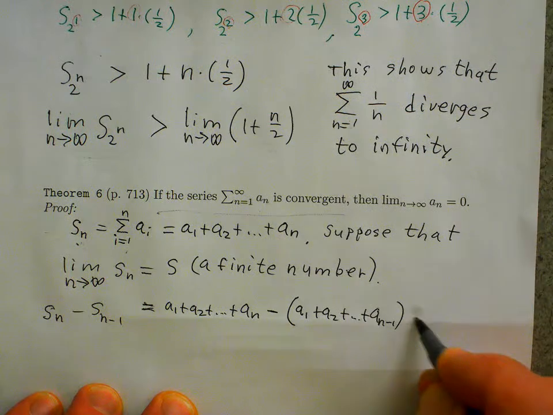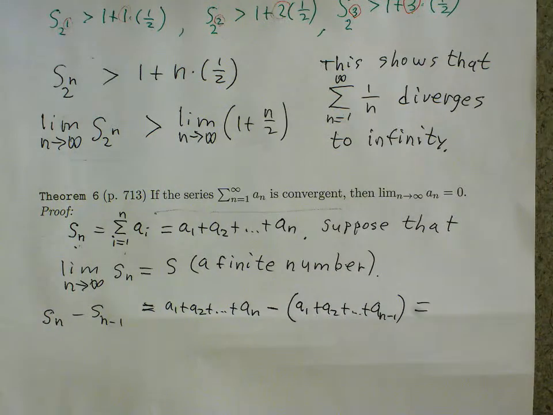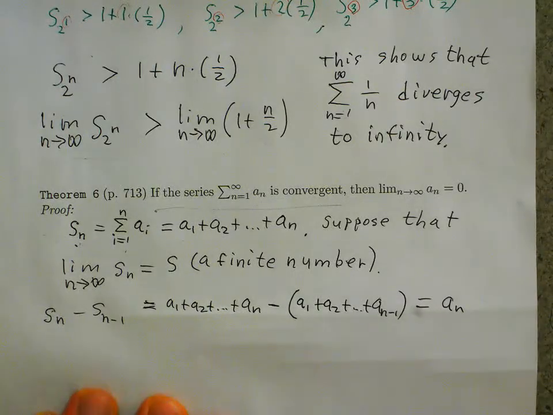We're going to be left with a sub n. In the S sub n, the term before a sub n, maybe I should have written that in there, is a sub n minus 1. So when we do the subtraction, the only term that is left is a sub n.